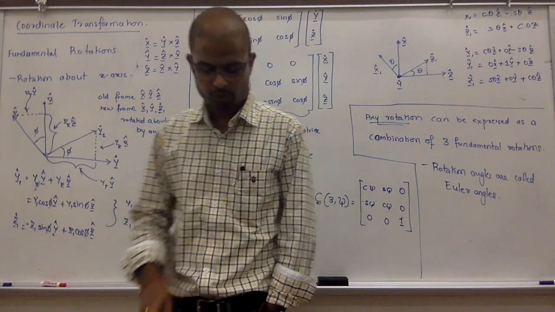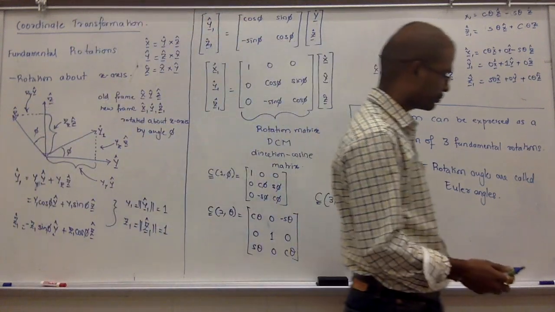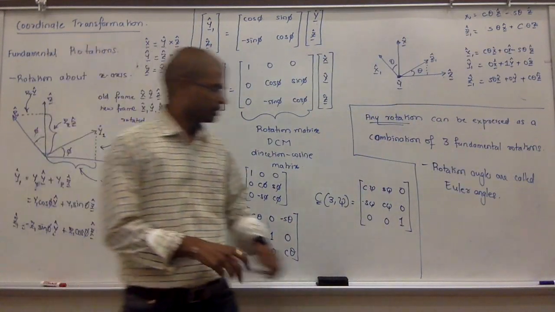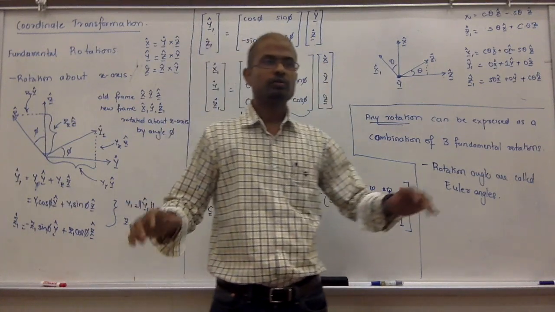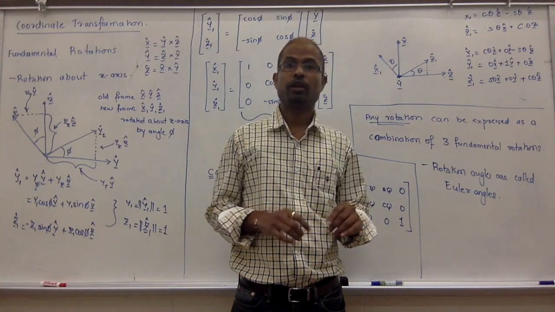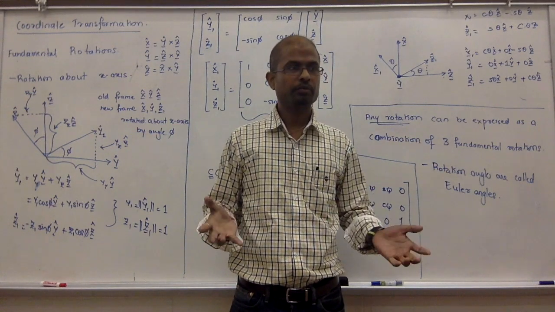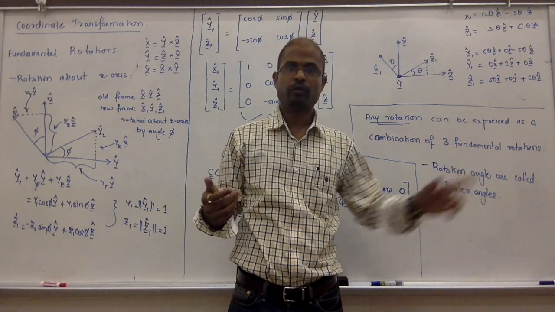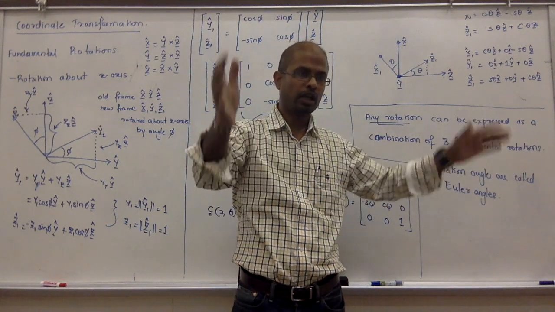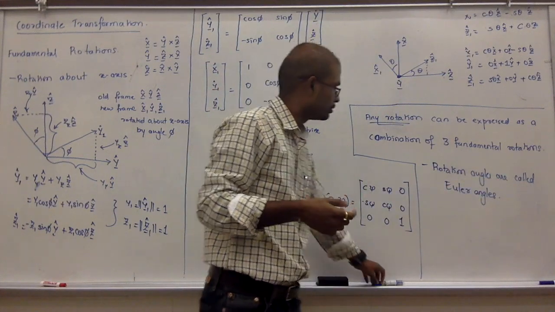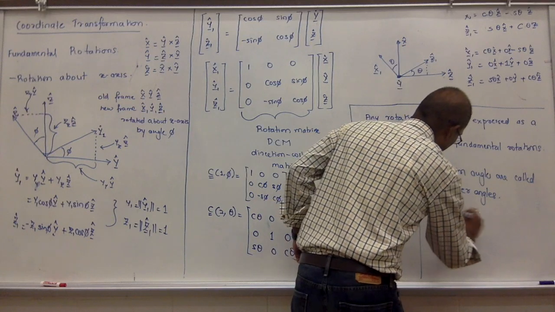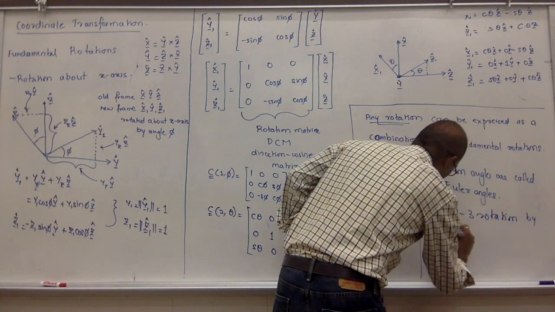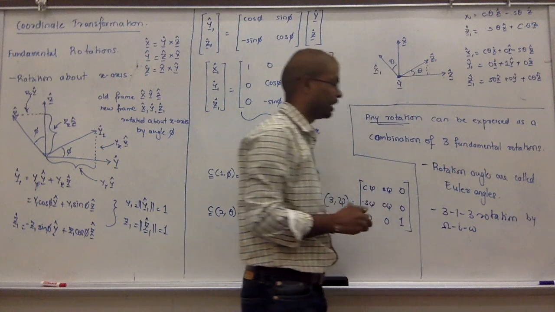So what he said was something very, very interesting. If you align yourself with the XYZ, the ECI coordinate frame, where the x-axis is the vernal equinox, the z-axis is the axis of rotation, and the y-axis completes the right-handed system, and you do a 3-1-3 rotation by capital omega, i, and small omega angles.